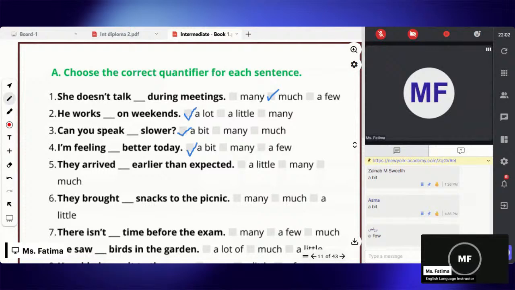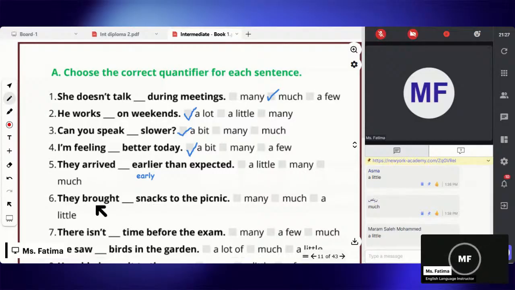Alright. Next. Number 5. They arrived than expected. They arrived a little earlier. They arrived many earlier. Or they arrived much earlier than expected. Earlier is the comparative form of early.